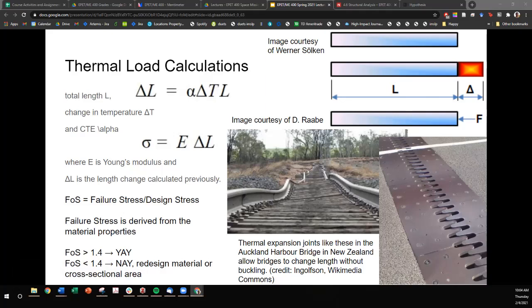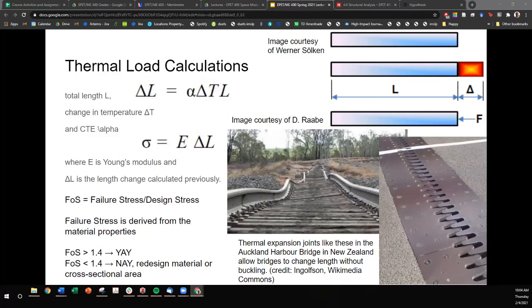You can calculate this with your coefficient of thermal expansion, alpha. You know what your temperature change is going to be, and you know the length of your slender member, so you know the total length difference you'll have. Then you can use this equation to find the amount of stress on that member given your Young's modulus times that difference in length.